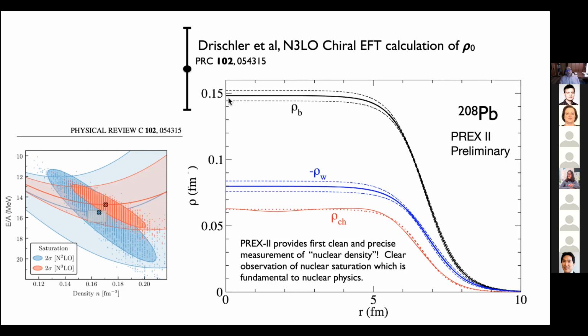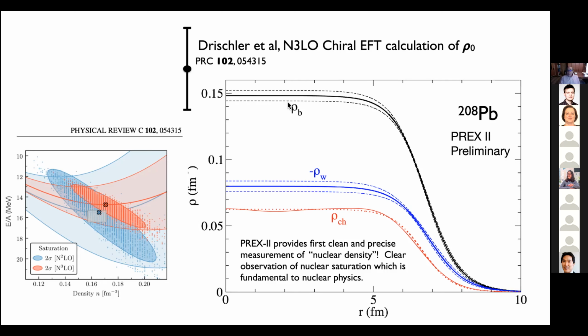So this is the PREX2 determination of the average interior baryon density in lead-208. This value is the first clean observation of the interior baryon density of a heavy nucleus, this fundamental concept for nuclear saturation.